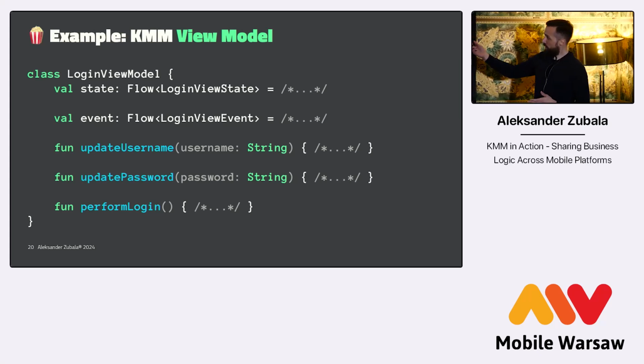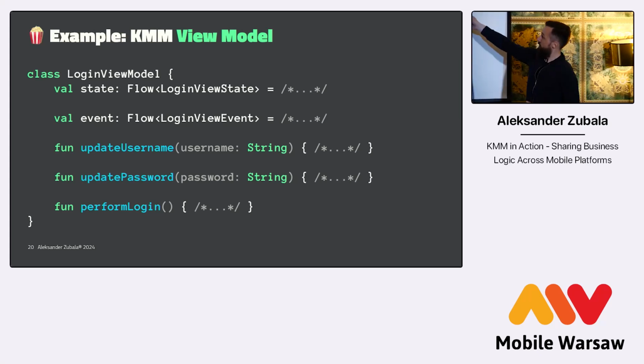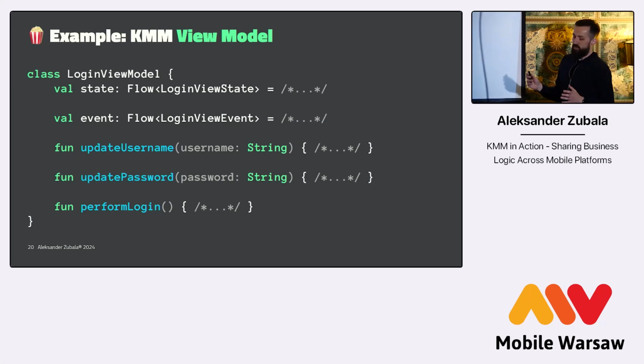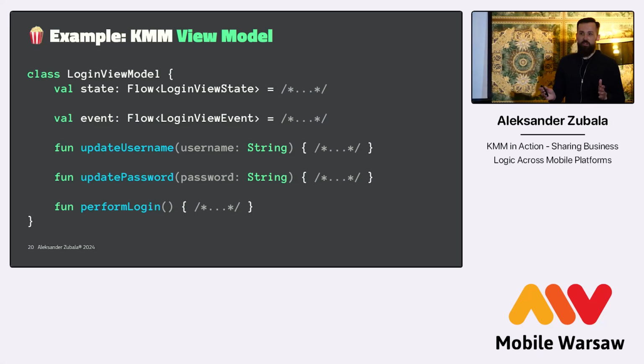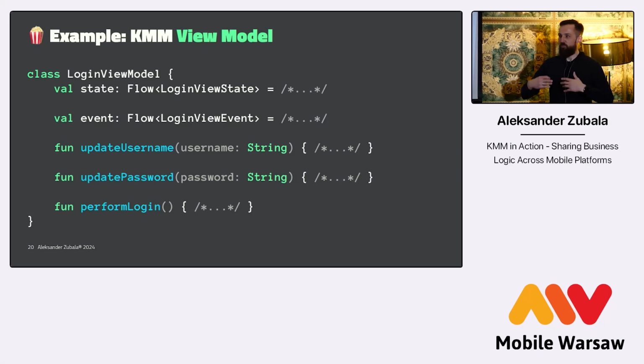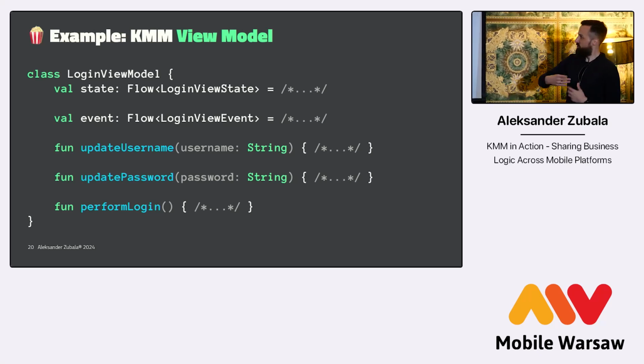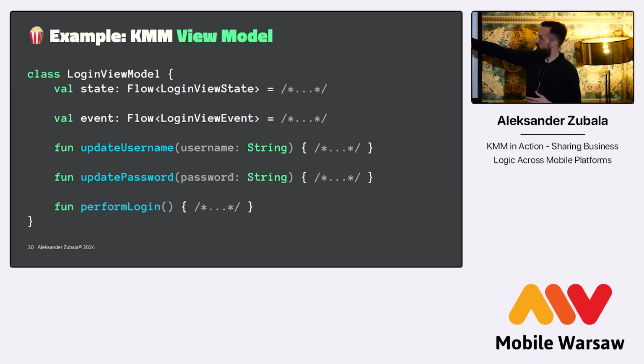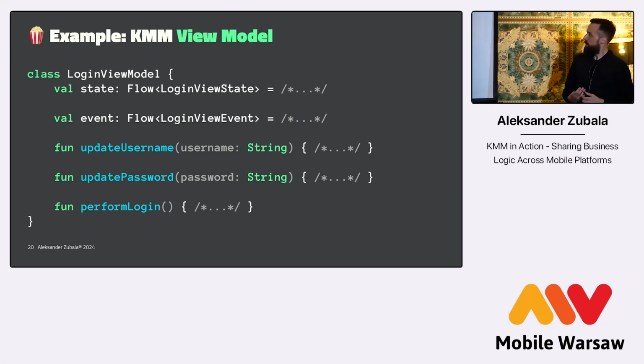So our view model has state, and it's provided as a flow, which is basically, if anyone knows RxSwift or things like that, like a stream of observables that you can subscribe to. So if you start collecting, it will provide you the next values, right? And the same goes for events. It's also a flow.